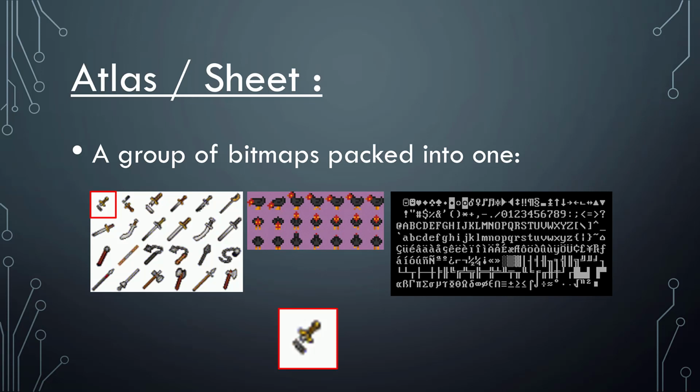Especially if you want to use hardware acceleration, moving these things between the main memory of the machine and the memory of the graphics processor is expensive, and we want to minimize that. So we can pack a bunch of bitmaps into one, putting them right next to each other, and have a larger single bitmap that includes pixels from multiple different source bitmaps.